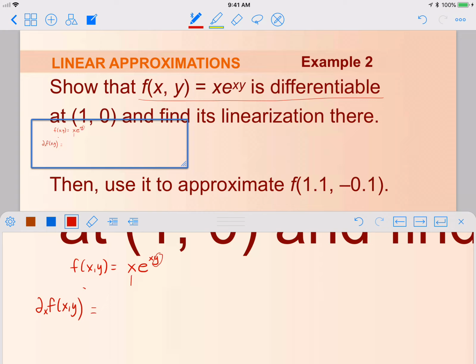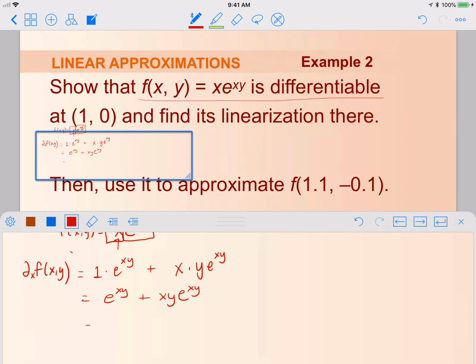So I've got x times e to the x y. The derivative of x is 1, times e to the x y, plus x times the partial of e to the x y with respect to x, which is y e to the x y. So I get e to the x y plus x y e to the x y. And that's the same as 1 plus x y times e to the x y.